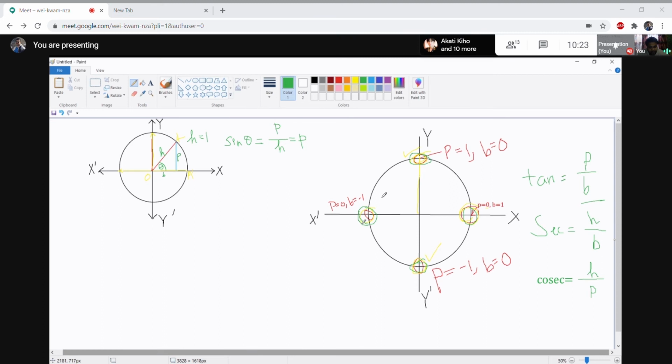That means at this point and this point, you can see perpendicular is 0. That means at these 2 points, 0 and pi, cosec is undefined.